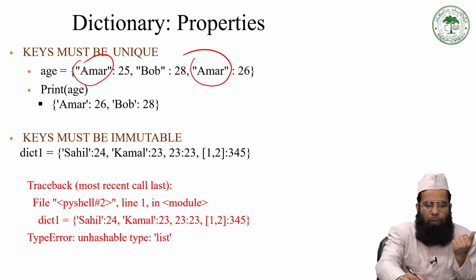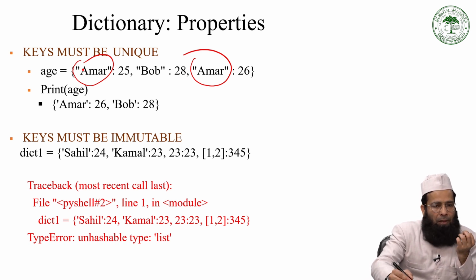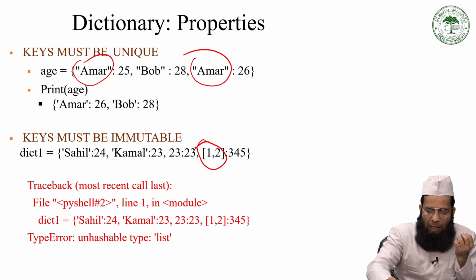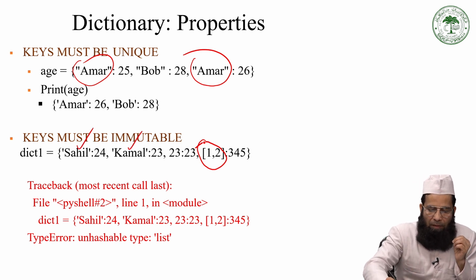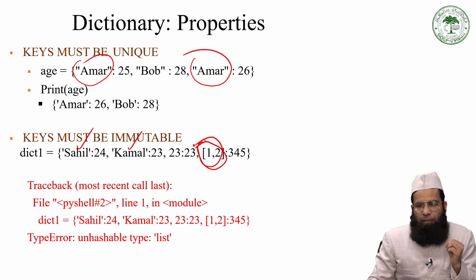If you print this one, you will get these values. Similarly, keys must be immutable. It means you cannot use a list as far as a key is concerned. So this one is okay, this one is okay, but this is not okay.